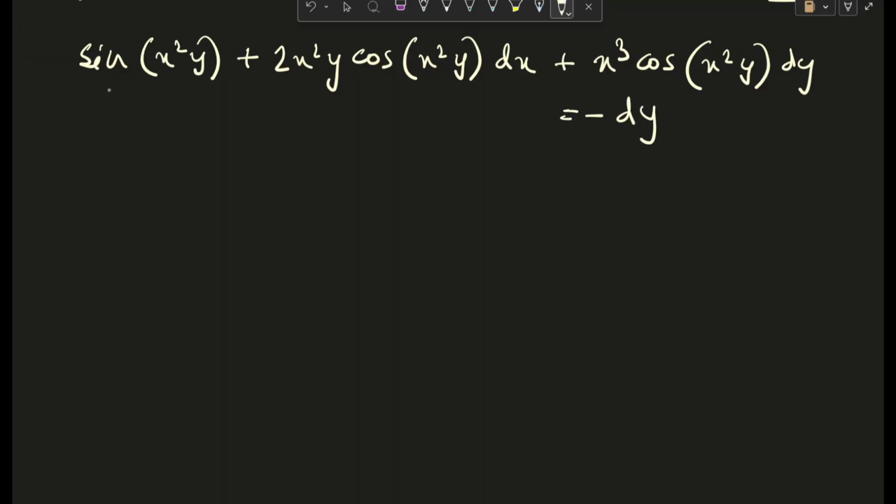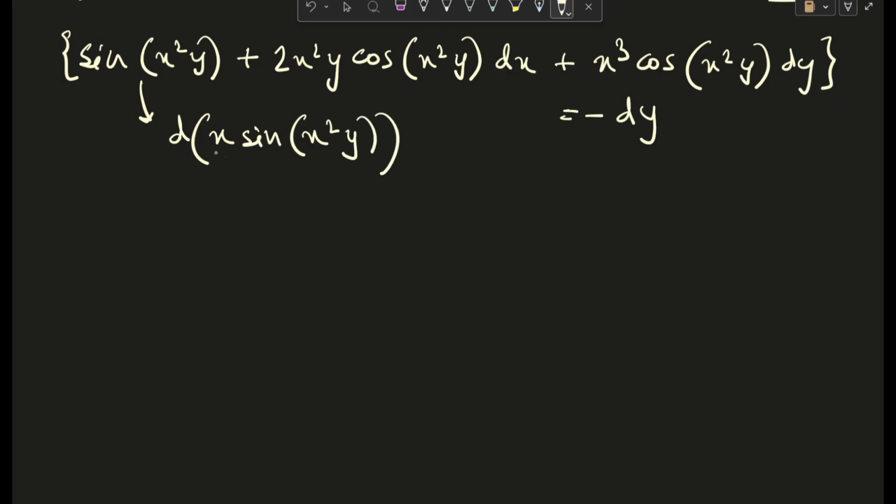Now if you observe carefully, the left hand side is actually nothing but d of x sine of x square y. You can cross check if you want. First you differentiate this, it will be sine x square y plus, when you differentiate sine x square y, you are basically partially differentiating. So you take y constant and differentiate with respect to x, and after that you take x constant and differentiate with respect to y.